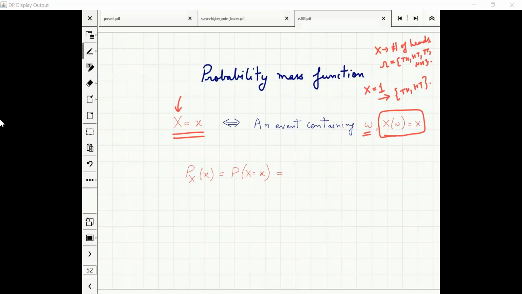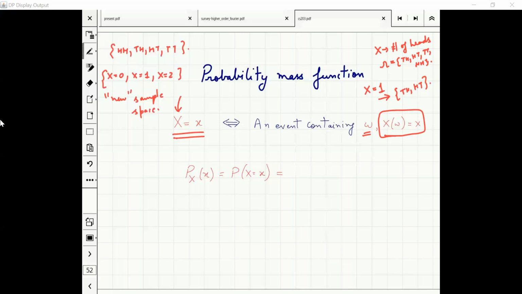Previously, we were interested in these 4 outcomes, and if you only care about the number of heads, then you can just say that these are all my possible choices. This is my new sample space in some sense, right? And then I can talk about what is the probability of X is equal to 0, what is the probability of X is equal to 1, X is equal to 2.